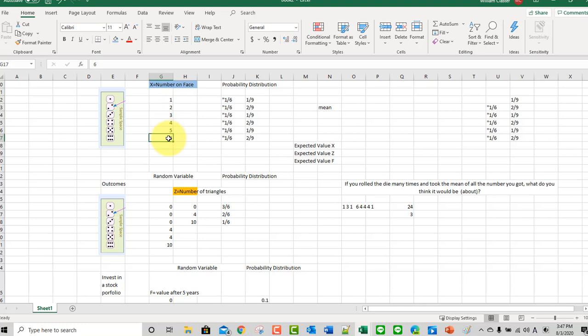So if that happened, what would the mean of those outcomes be? Well, we'd have to add up these numbers: 1 plus 2 is 3, plus 3 is 6, plus 4 is 10, 15, 21. So we would get 21.